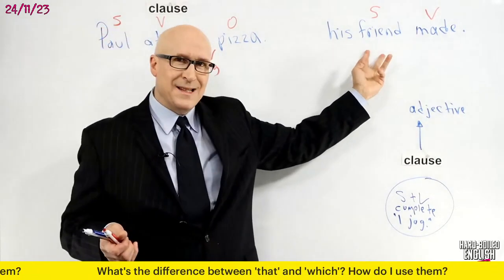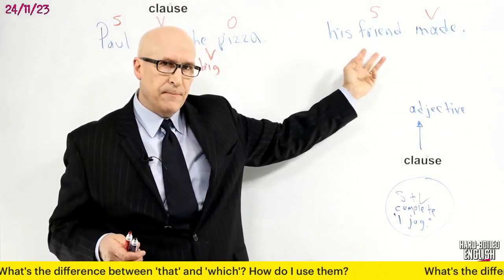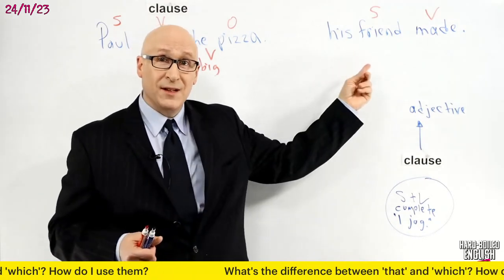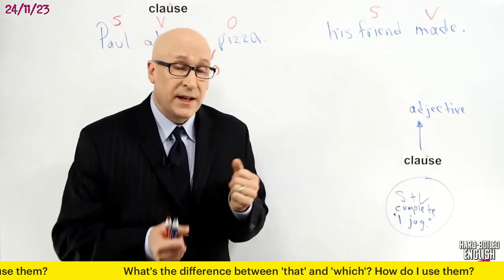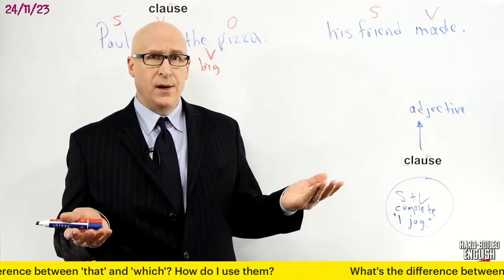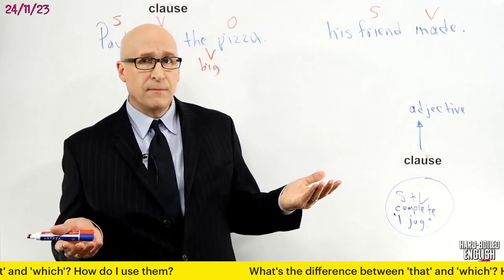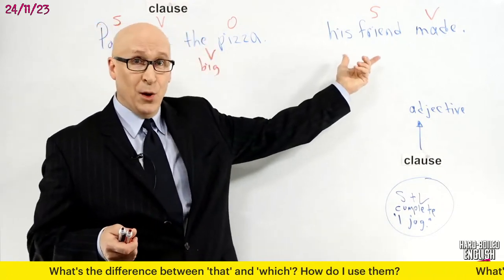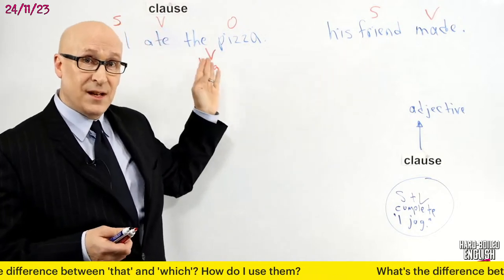And this one doesn't seem complete, right? We can't walk up to the woman at the bus stop and say this and have her understand. Excuse me, madam, his friend made. It's not going to be clear, right? It needs some more information. In fact, we don't want this to be alone. We want to connect it to this.